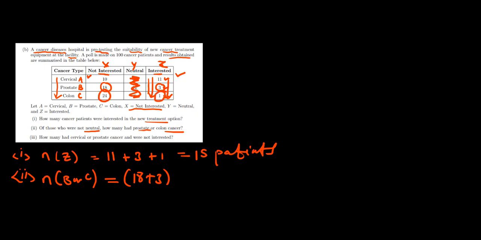We can add whatever we have in the brackets: 21 plus 25. When we find the total here, we get 46 patients.